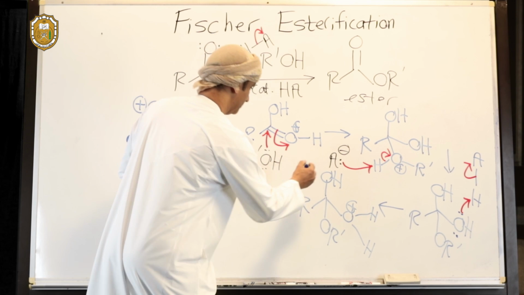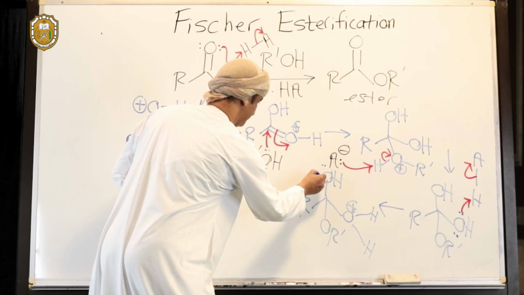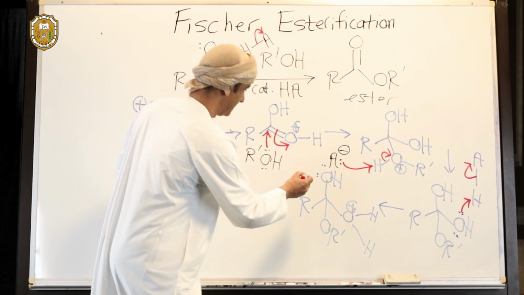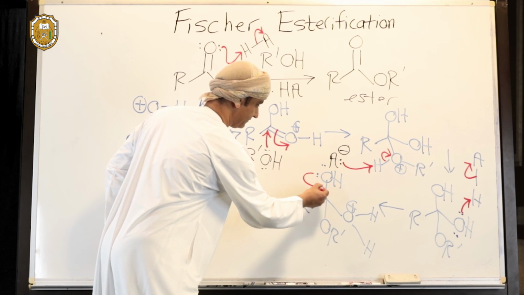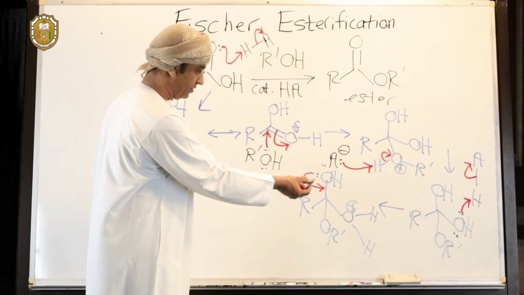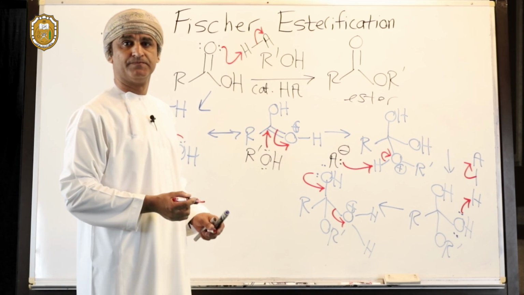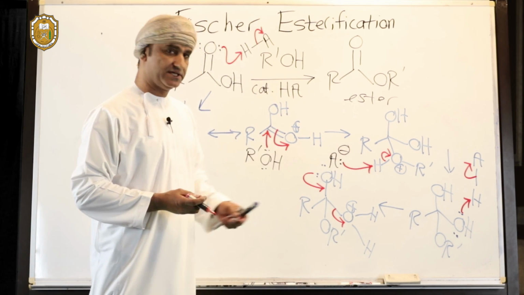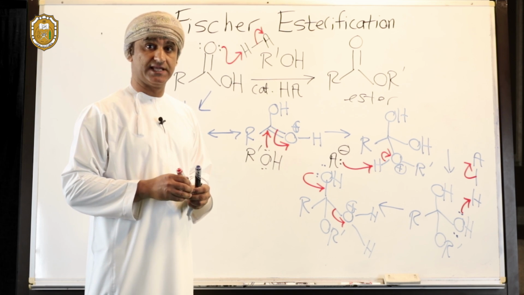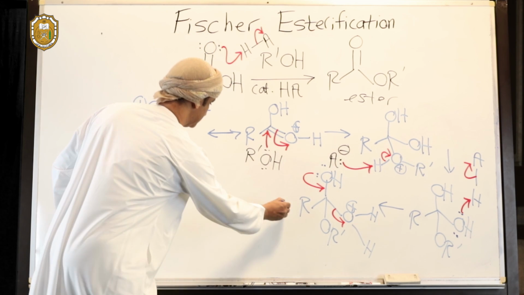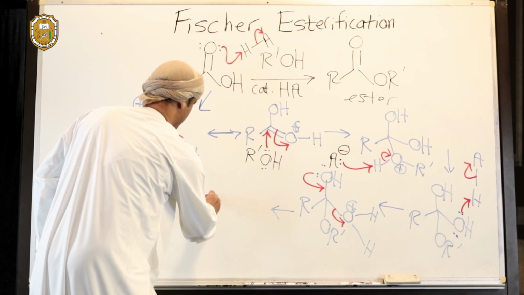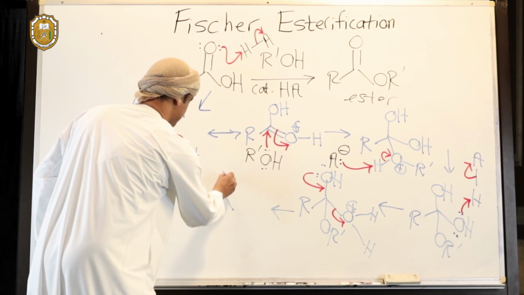So we take one of the lone pairs on this oxygen, and then we make a double bond here. And of course, this H2O now leaves, it departs, because now it is an excellent leaving group again as a result of this essential protonation step. What we get now is this intermediate.